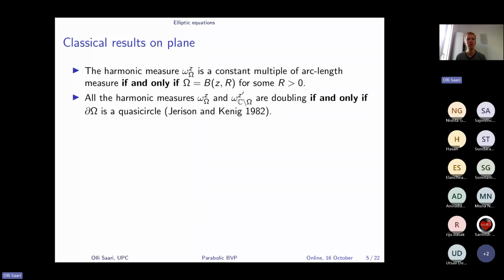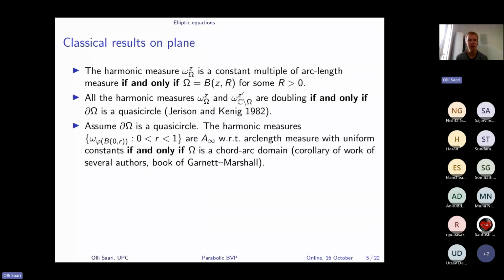Okay, so now we have one measure theoretic property, doubling, and one geometric property, quasi-circle. And these are if and only if. Then the next property in terms of weights or measures is the A infinity property, which, if you don't remember, means that you can basically reverse Jensen's inequality for exponential for all cubes.